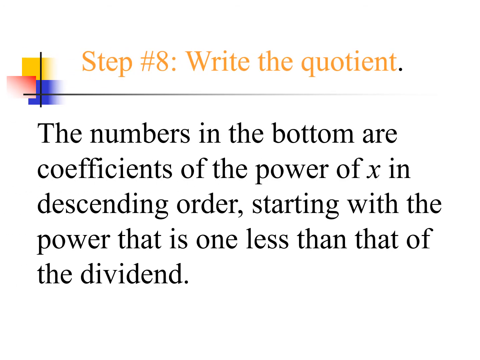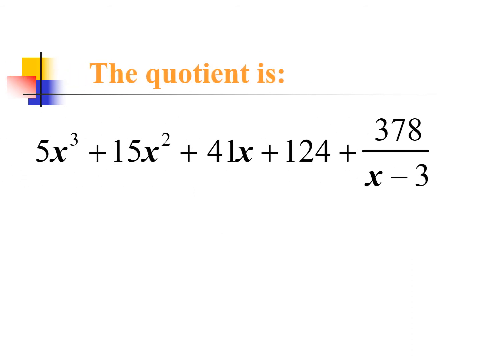Alright, this time we write the quotient. The numbers in the bottom are coefficients of the power of variable x in descending order, starting with the power that is 1 less than that of the dividend. So the quotient is 5x to the power of 3, since the highest degree in the example is to the power of 4.